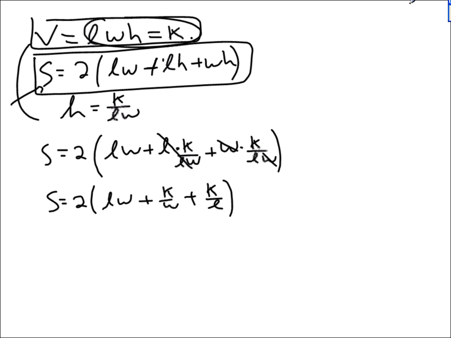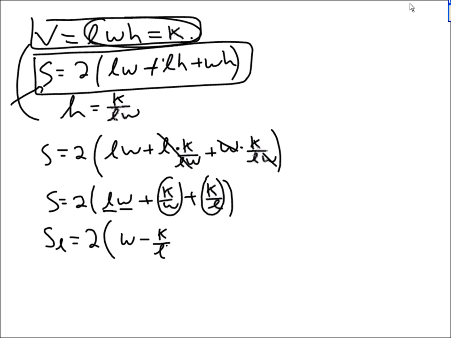And we want to find the partials. S of L. Well, the 2 stays. The derivative of L times the constant is just the constant, plus the derivative of just the constant is 0, plus the derivative of K over L with respect to L is negative K over L squared.